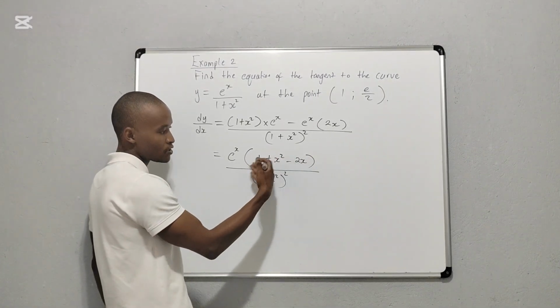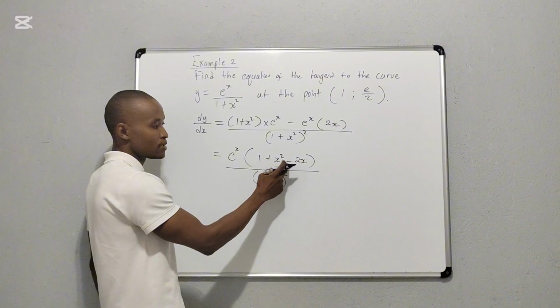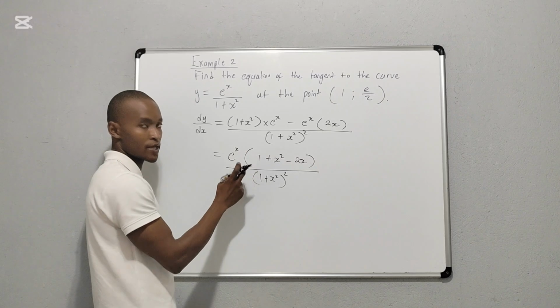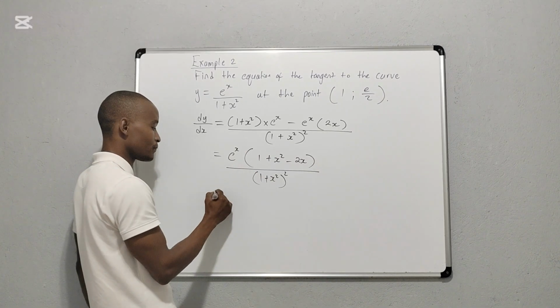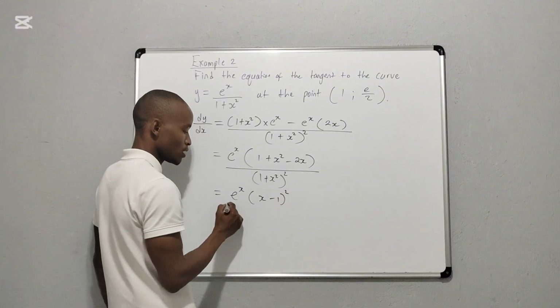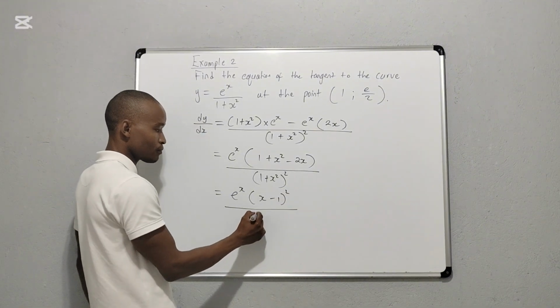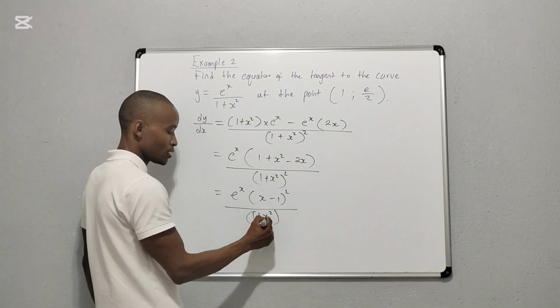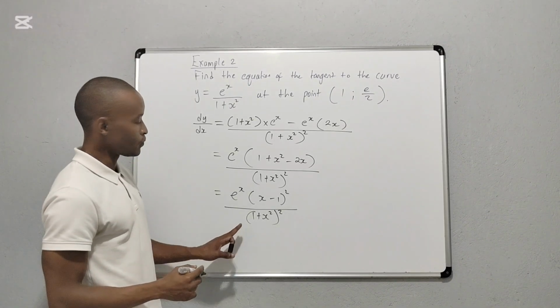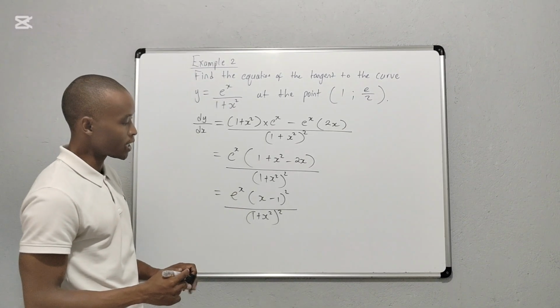Now, if we rearrange the terms here, this looks like the square of a binomial, right? x squared minus 2x plus 1, that would be x minus 1 all squared. Okay, so e to the x times x minus 1 all squared over 1 plus x squared, squared. All right, good. So that is as far as we want to take it.